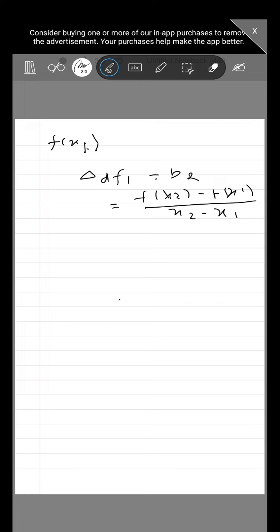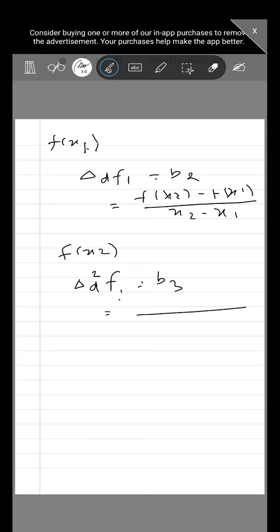This is the first divided difference, and the second divided difference, for f(x2), that is delta d square f1, is equal to b3.